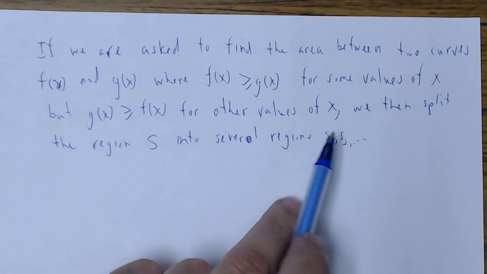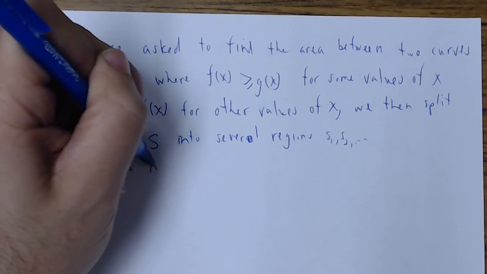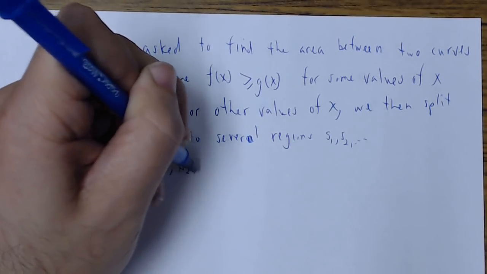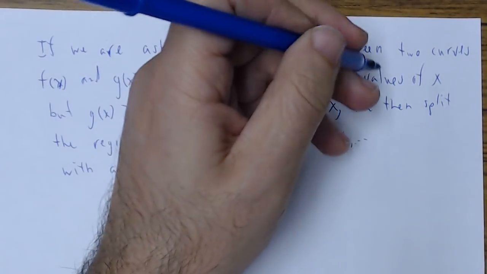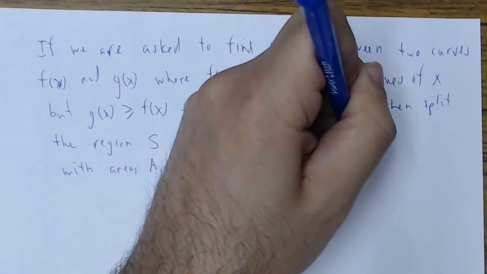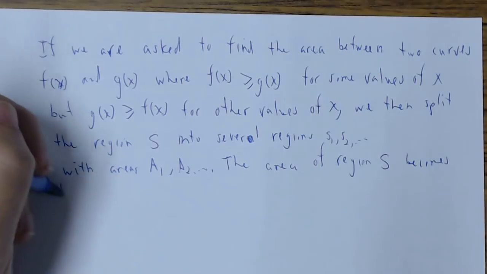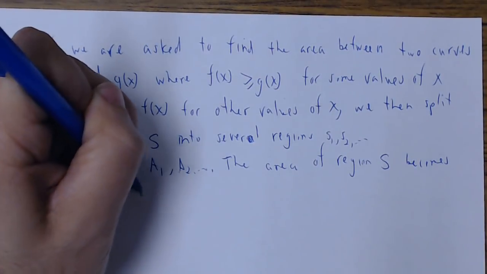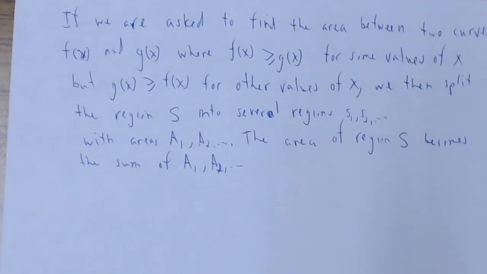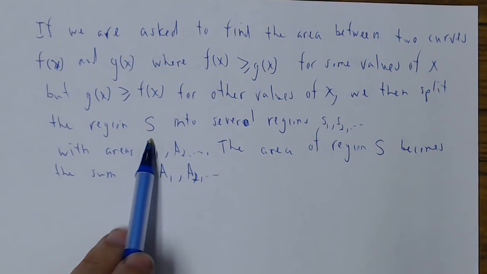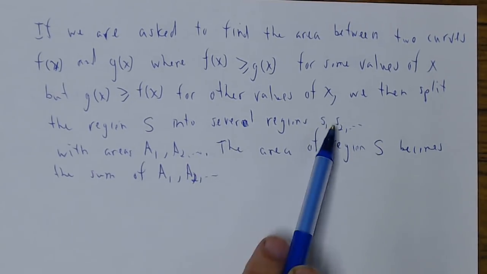And then these regions are going to have areas A1, A2, and so on. So then the area of region S becomes the sum of A1, A2, and so on. So basically what we're saying is region S will break it up into multiple regions, and then we'll find the areas of each one of those regions.